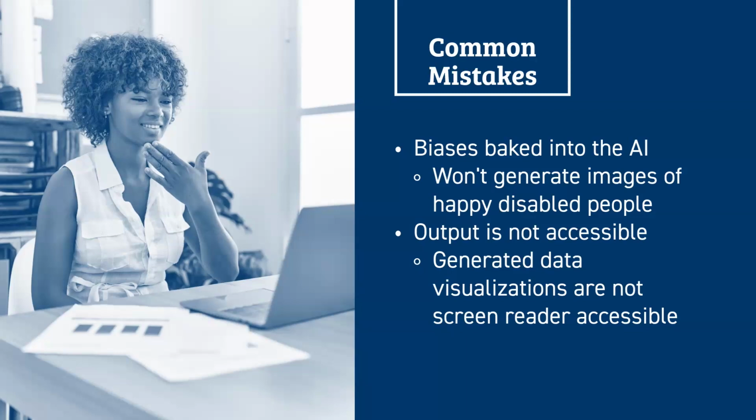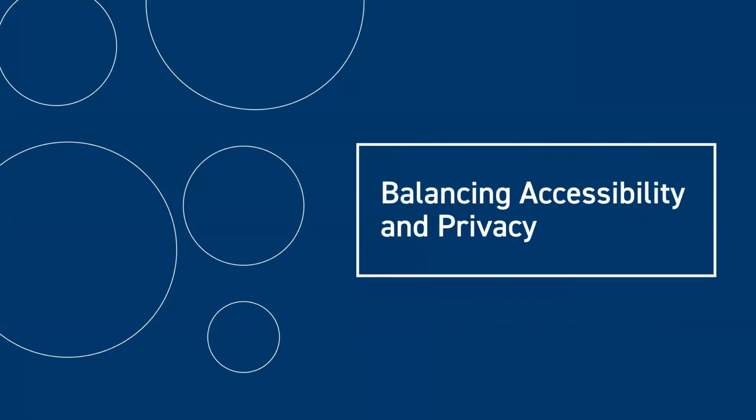And I'm going to steal Anderson's wording a little bit, but accessibility is not a burden to be offloaded onto a computer. It is a responsibility that we have to make sure that our information is available to everyone. And then we're going to just glaze over balancing accessibility and privacy.